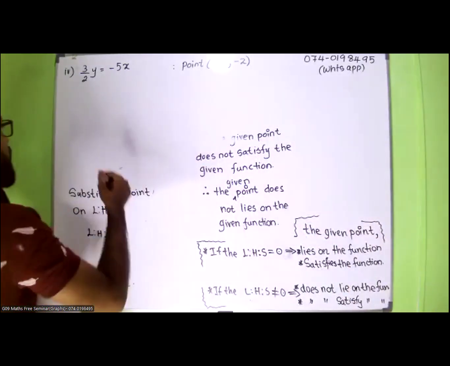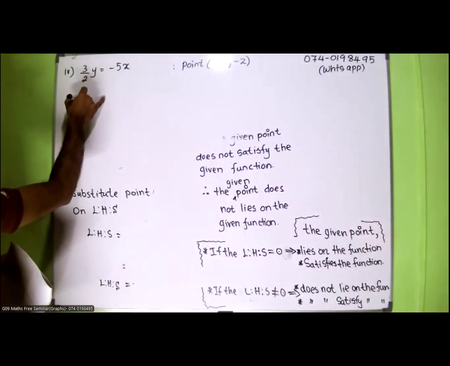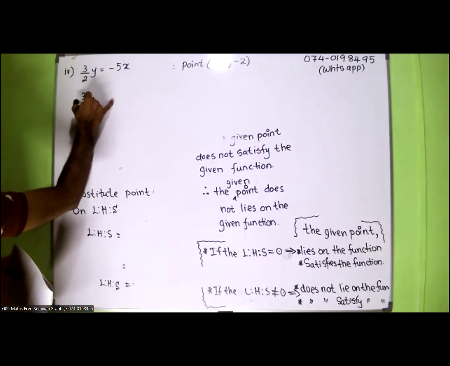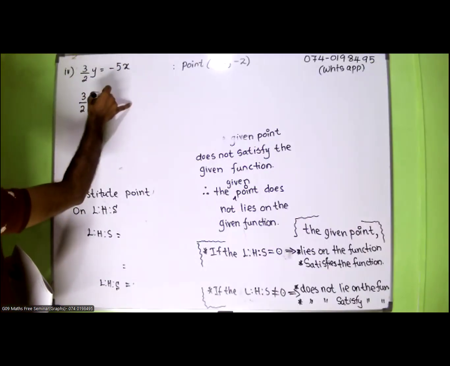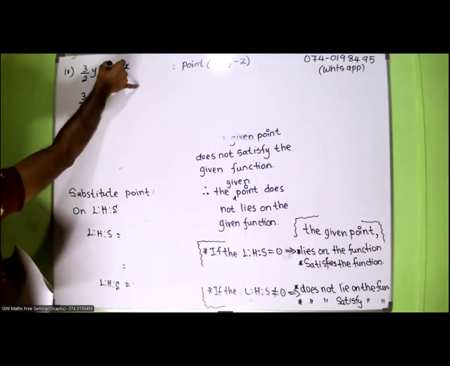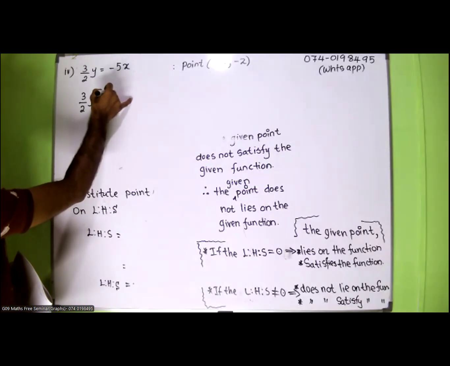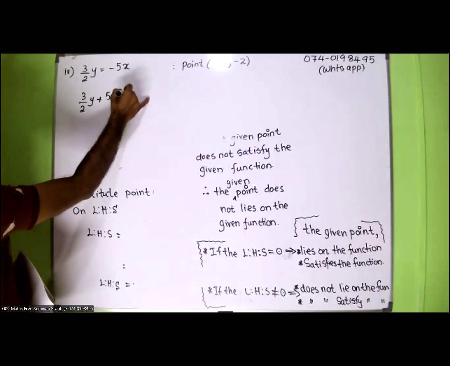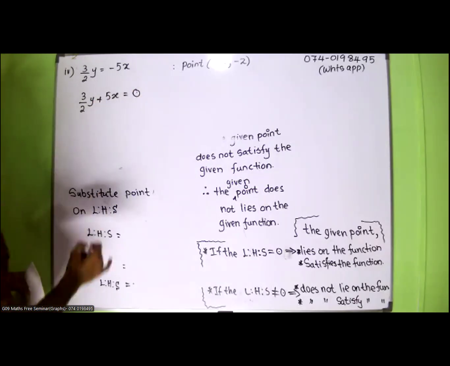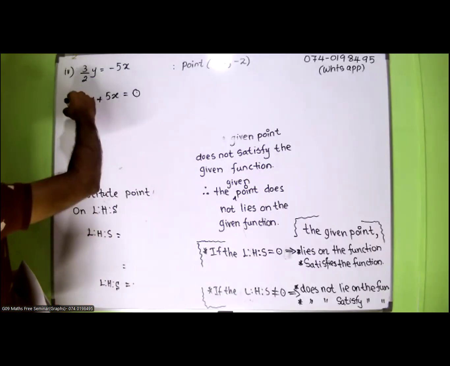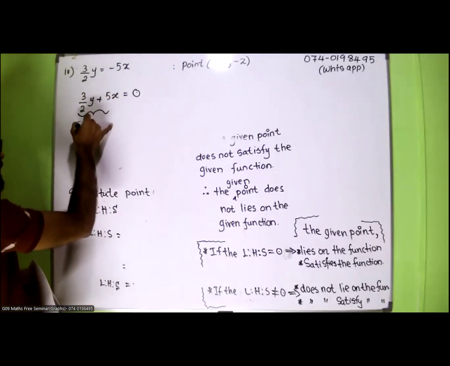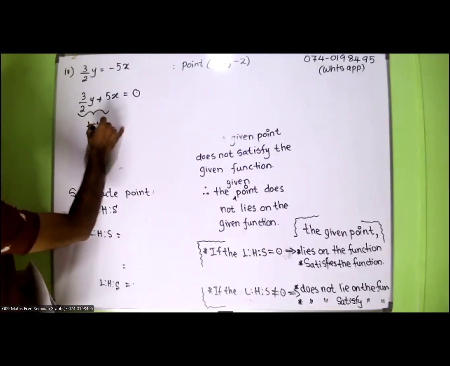So I form 3 upon 2 y, and taking this minus 5x to the left hand side, it automatically becomes positive: plus 5x equals 0. This is our left hand side, so I will take it separately.